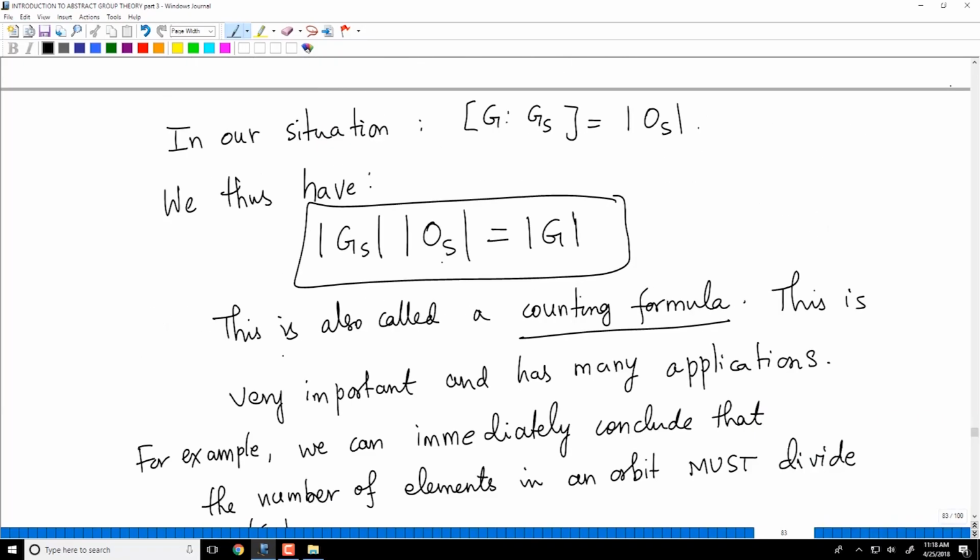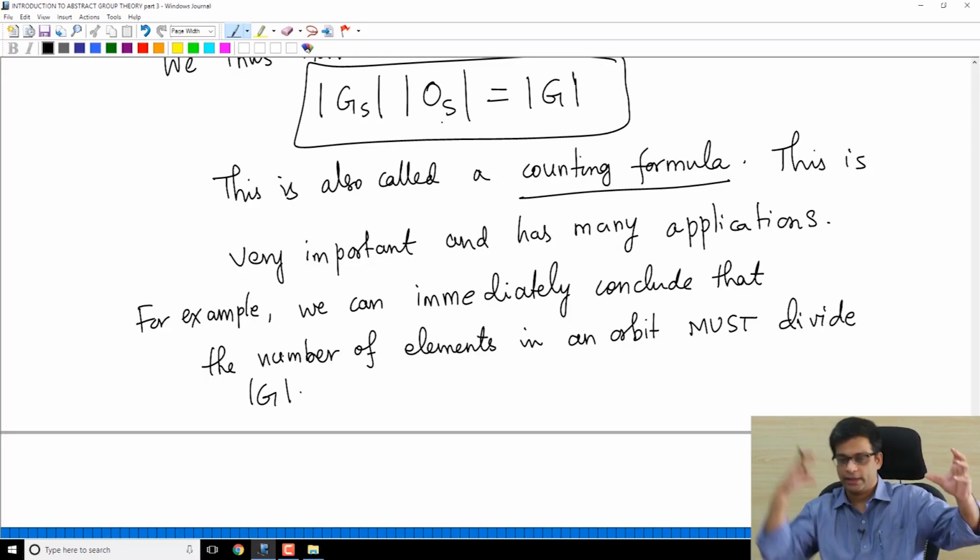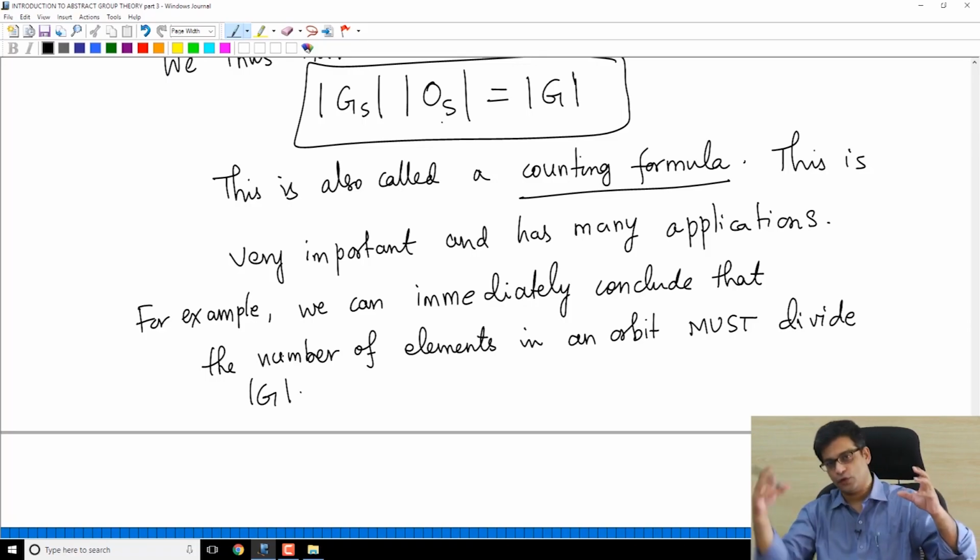This is not really clear, right, in general. So if a group G acts on a set S, you took an orbit which is a subset of the set S, why should the size of that orbit be related to the order of the group? It's not clear, right? The group is acting on a set S, the orbit is inside the set. Why should the size of the orbit be related to the order of the group?